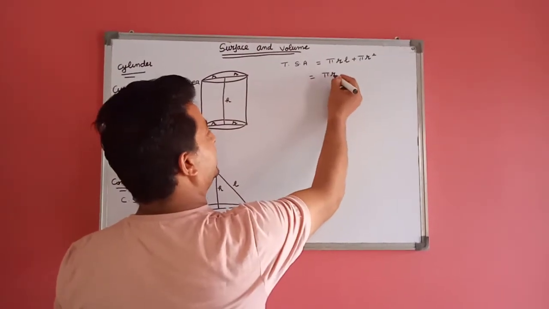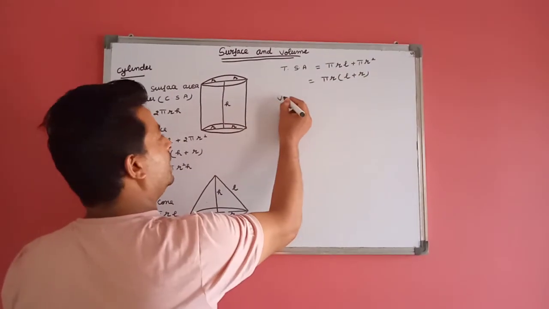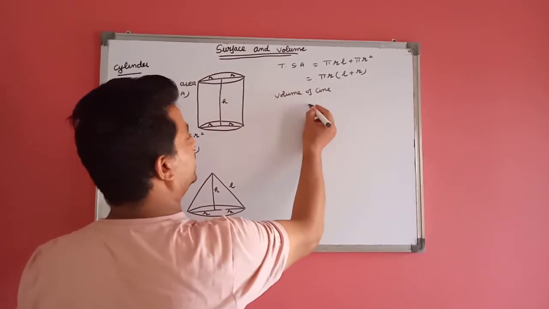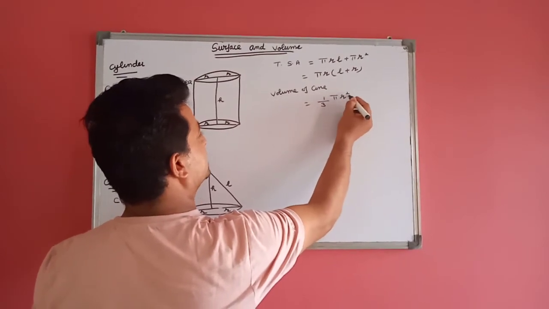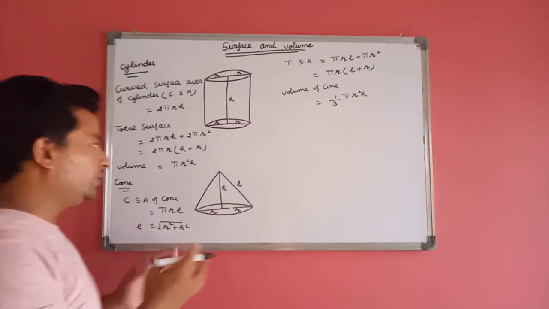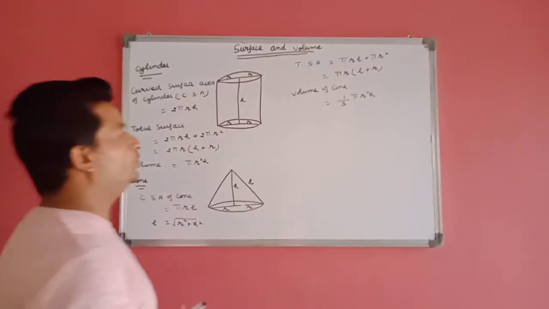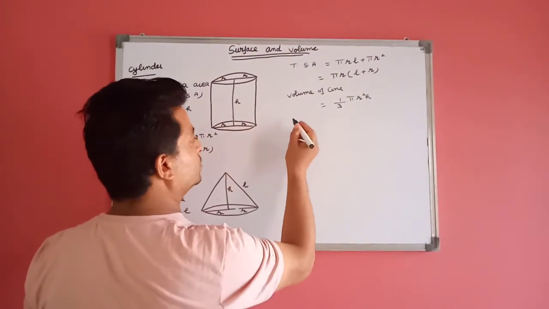We take pi r as common, so it is pi r (l plus r). After this, volume of cone is 1/3 pi r square h. In all these formulas, we take pi equal to 22/7 or 3.14 as given in the question.